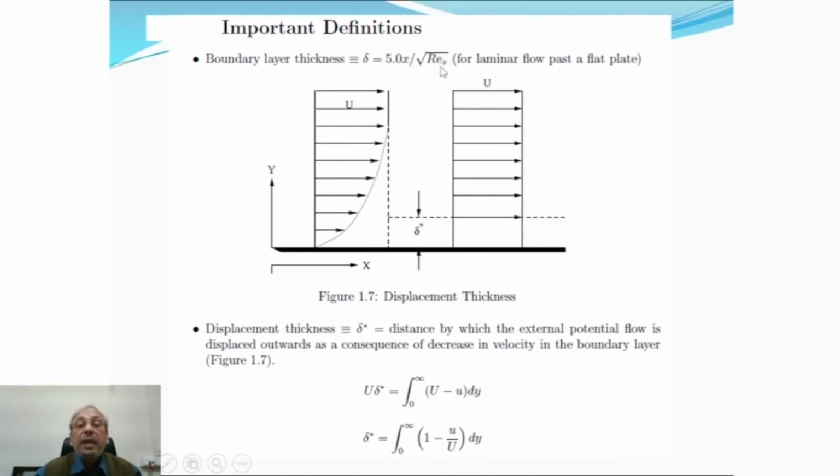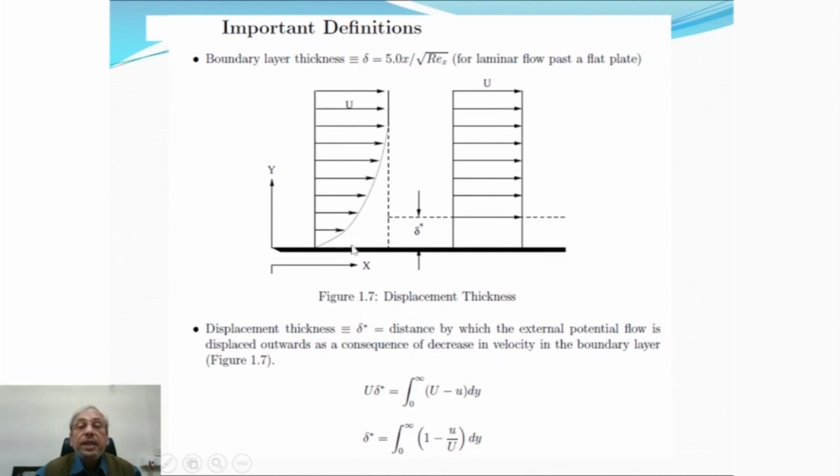So root over Rex. Now displacement thickness is basically the distance by which the external potential flow is displaced outwards as a consequence of decrease in velocity in the boundary layer.